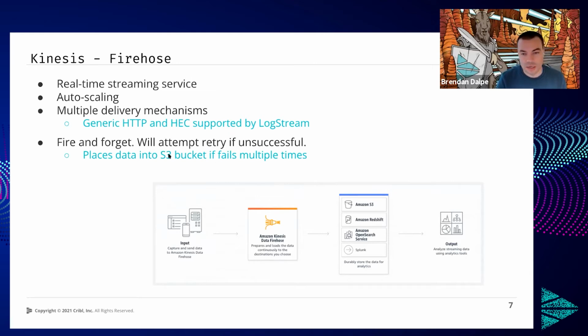This is fire and forget, and it will retry. It's kind of like an exponential backoff. If it can't write, it'll back off for a little bit and try again. If it can't, it will fail a couple times before it puts the data into an S3 bucket. And then you can use a collector, believe it or not, to go pull that data back if it does not successfully send. So that's Firehose in a nutshell.